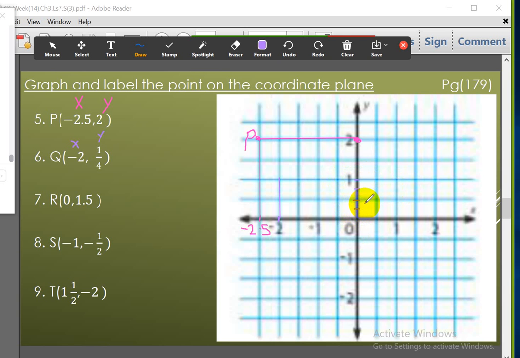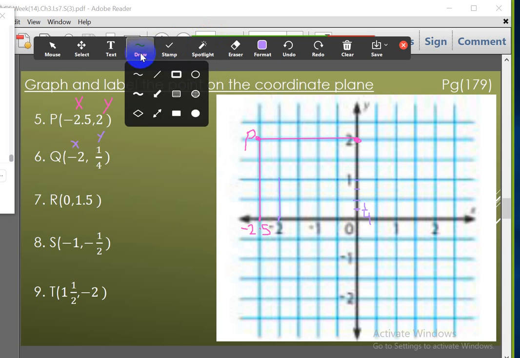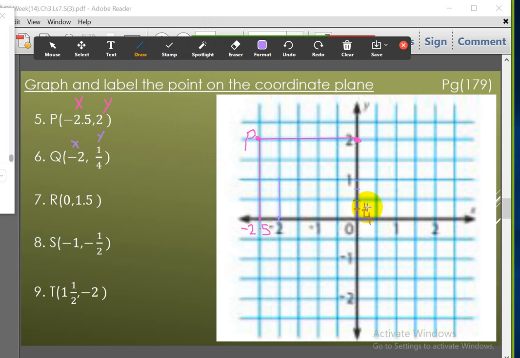This is 1 over 4. I will take a horizontal line from this 1 over 4 and it will cross the first one on a point. This is the point. So this point we name it Q.